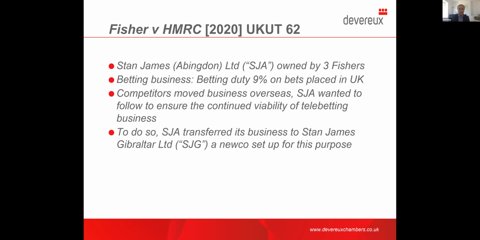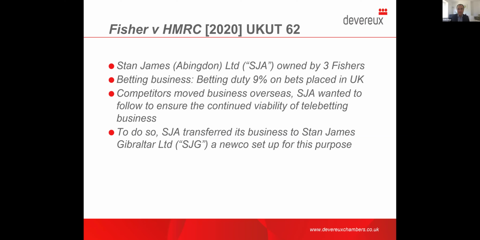Stan James Gibraltar then began trading, went into profit immediately, and went on to develop other profitable lines of business. The revenue issued assessments to the Fishers on the basis that the profits of Stan James Gibraltar, for each of them in proportion to their respective shareholdings, were caught by the TAR rules.